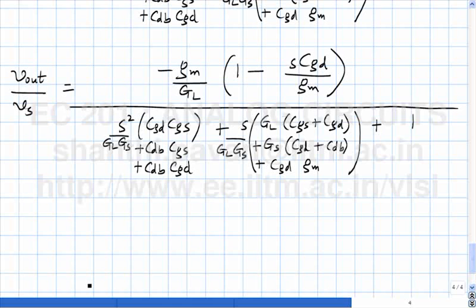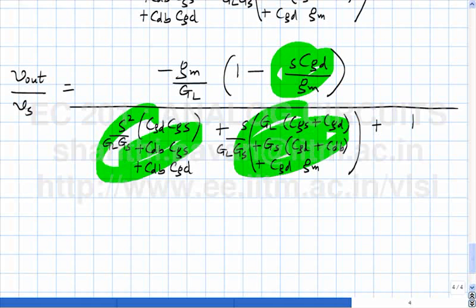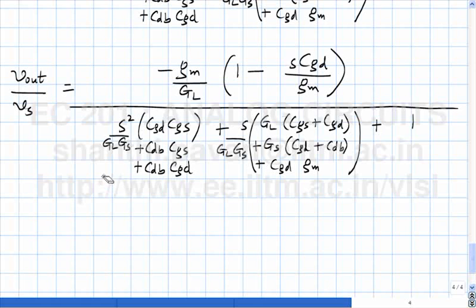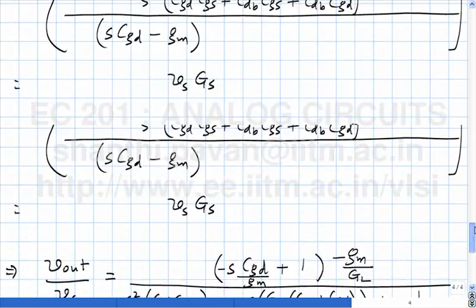When there were no capacitors, we would expect the gain to be minus GMRL, which is the same as saying minus GM by GL. That also happens, because when S becomes 0, this goes away, this goes away, this goes away. That seems fine. The order is 2. There are 2 possibilities. So you could have made a mistake, or the order is truly 2. But you said 3 before. Where were we wrong?